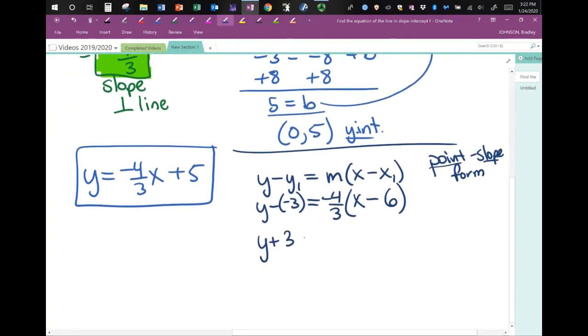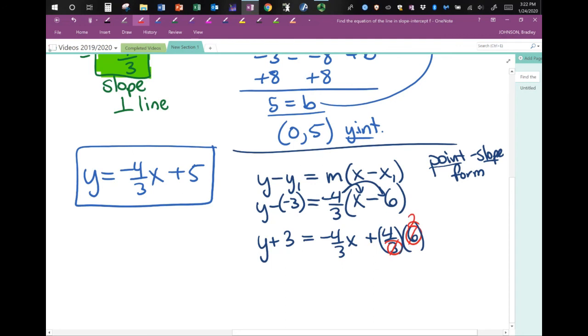Now let's clean up the rest of the problem. y + 3 equals, let's distribute, -4/3 times (x - 6). Negative times a negative would make a positive, and we have to multiply the 4/3 times the 6. But as before, 3 and 6 have something in common. 3 is in common, which leaves you with a 2.